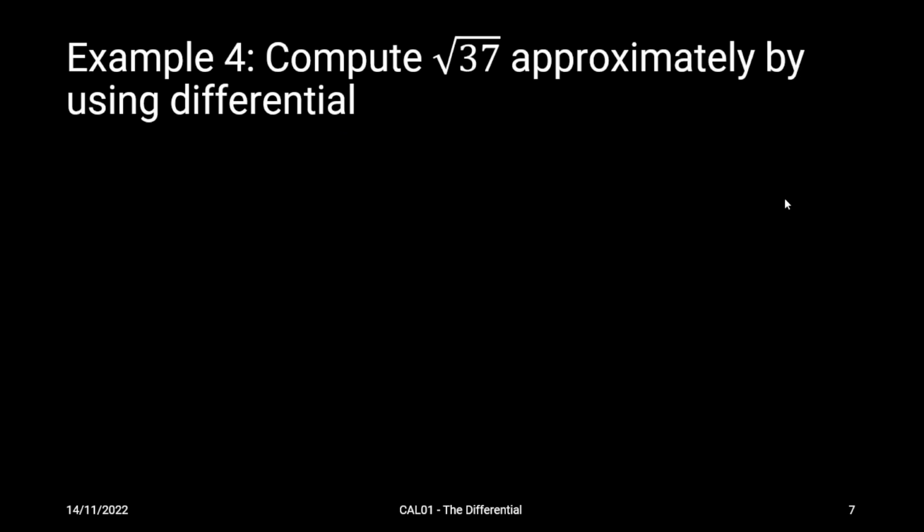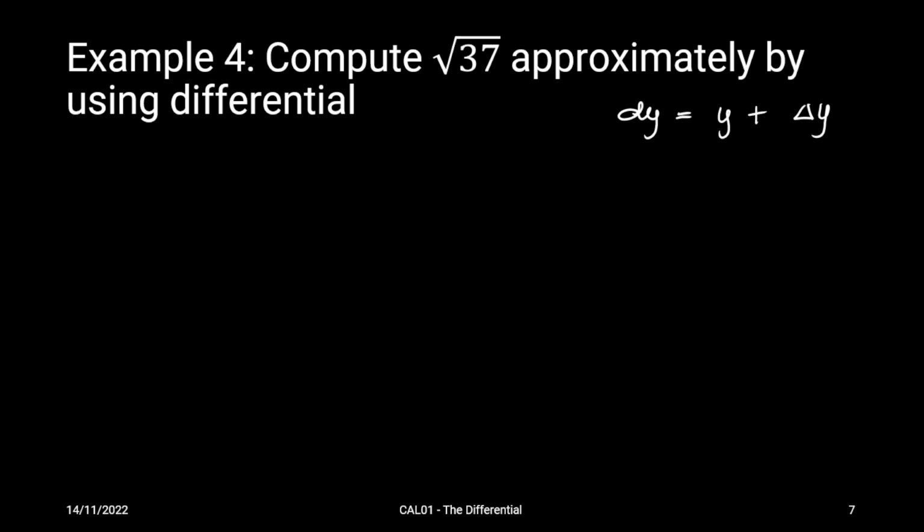Compute the square root of 37 approximately by using differential. Okay, so, si dy, no? We need to remember this is the change. Now, if you're going to talk about change, this is the original function plus ito yung change natin, di ba?